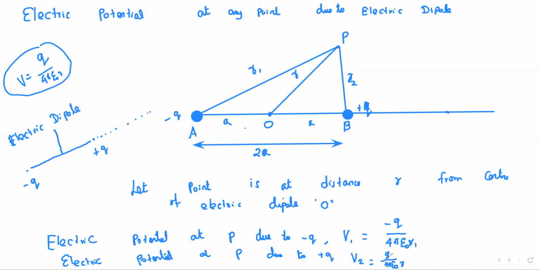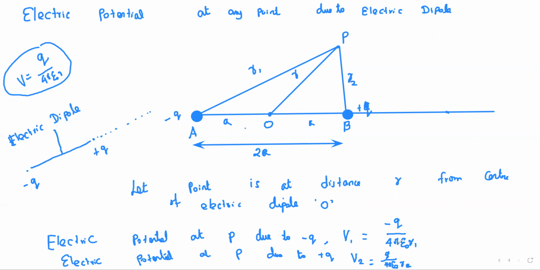In the case of electric field intensity, we have two different directions. Because of the force in two different directions, we have to find the resultant force. So we have to find the components of the force, the horizontal and vertical.